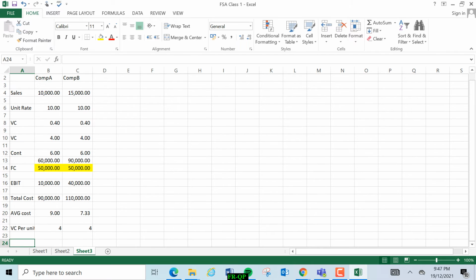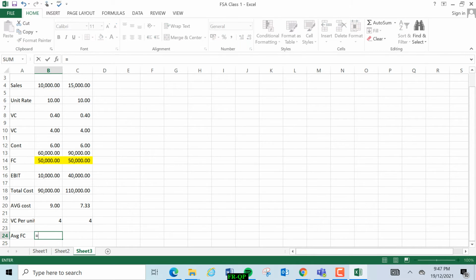There is no change. But how much does the average fixed cost decrease? Now he is actually using his resources in a more efficient way. B is using his resources more efficiently, so that he can reduce his total cost, and he can sell and get more profit. He is getting more profit here.